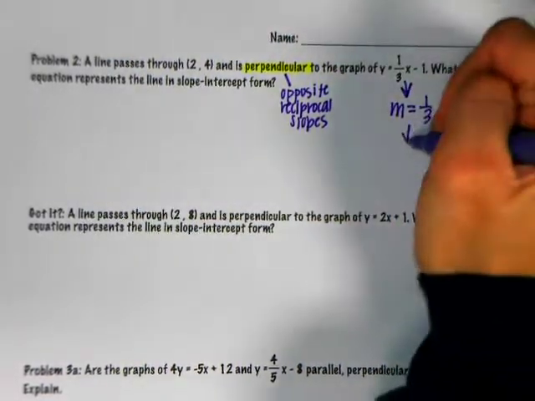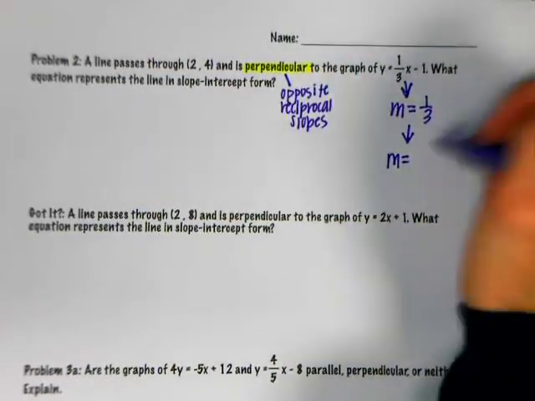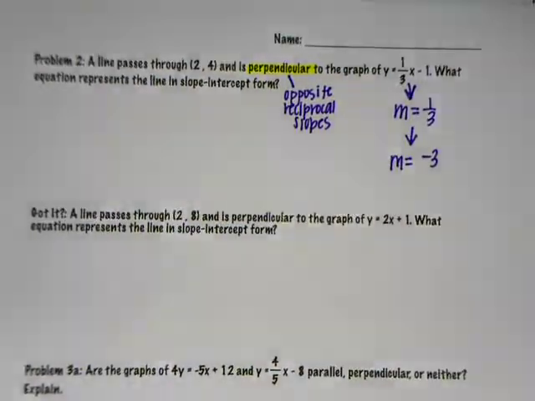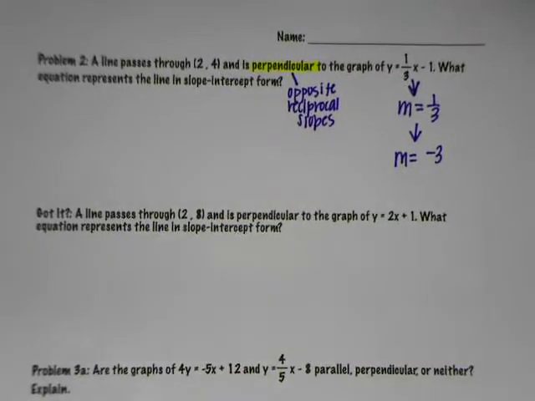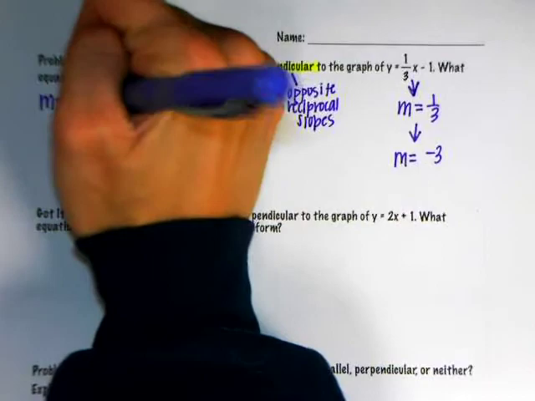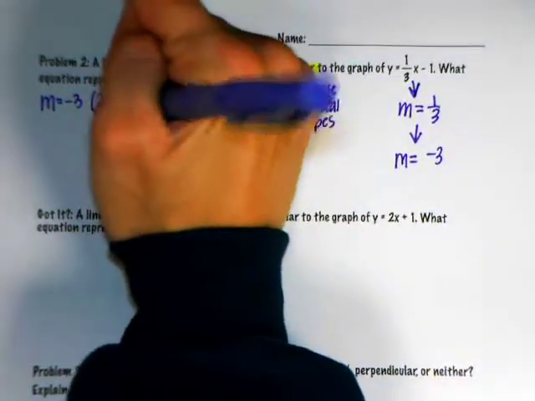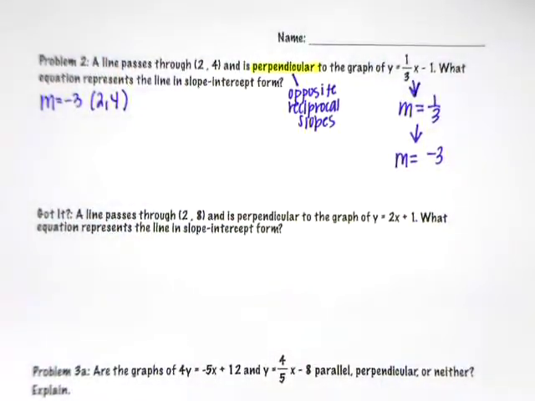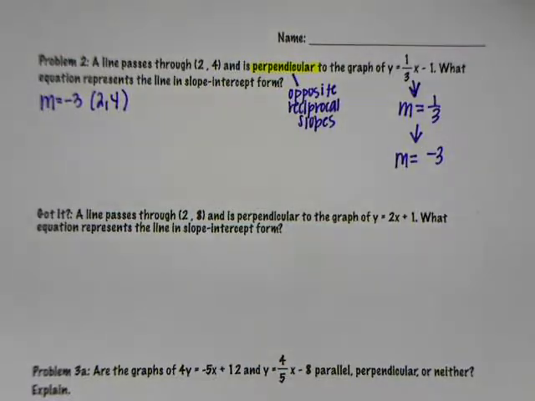So what's my new slope? -3. Right? Yes? Okay. So we have m equals -3 and my point (2, 4). And you just do the same thing. So the only new thing is just figuring out what your slope's going to be. And then otherwise, you know from there.